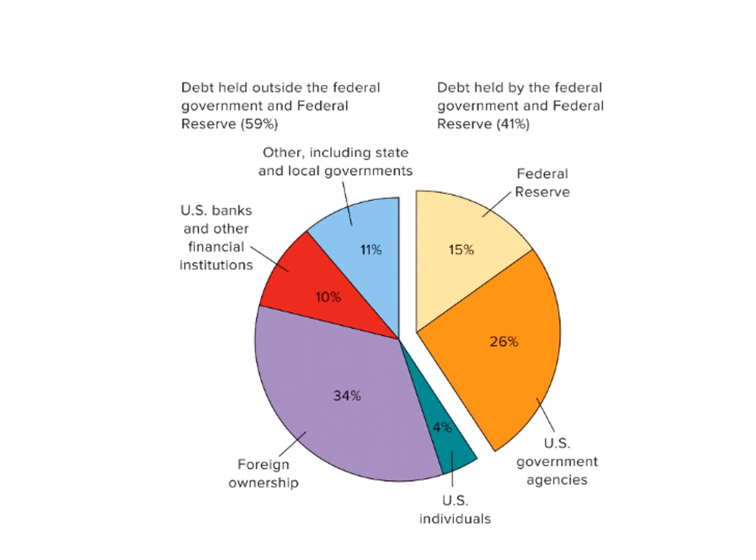So it could be foreign countries or it could be foreign corporations and individuals. That portion of the debt has grown significantly over time, right? And China and Japan own large swaths of that 34%.